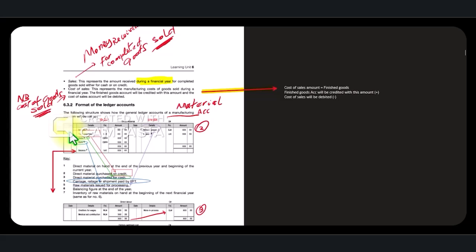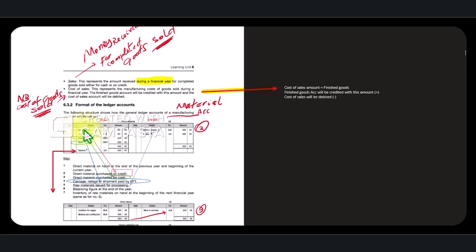So it is very important to understand that there's an element of balancing your left side with your right side, your debit with your credit. So it is very important that you remember, again, your accounting module 101, right?